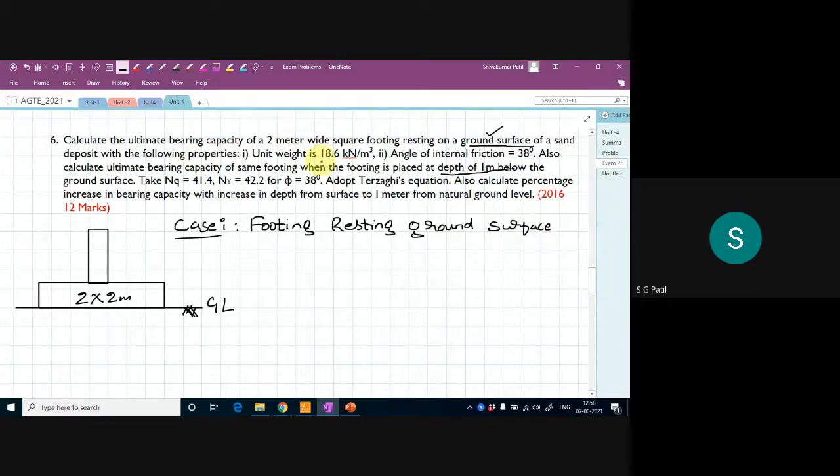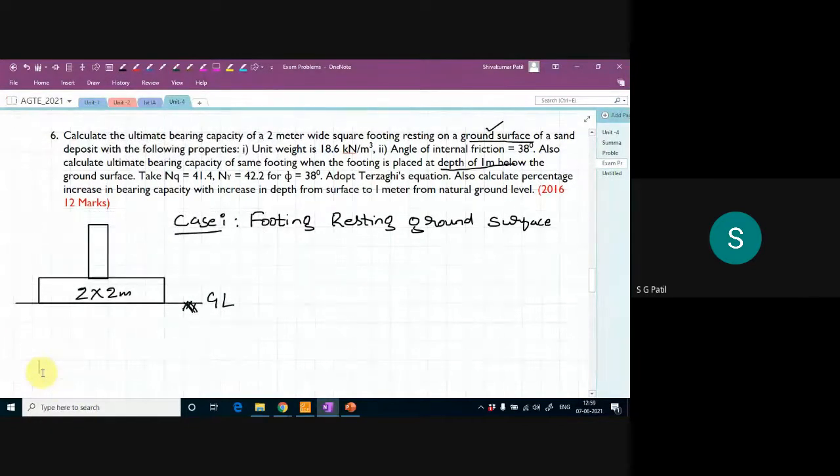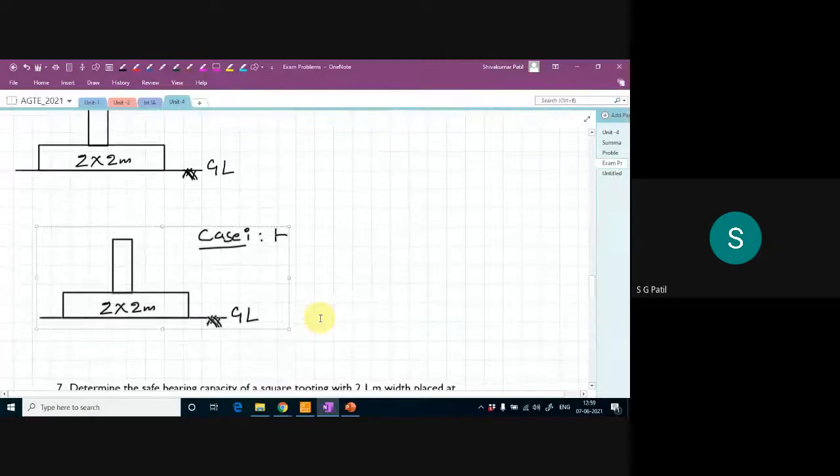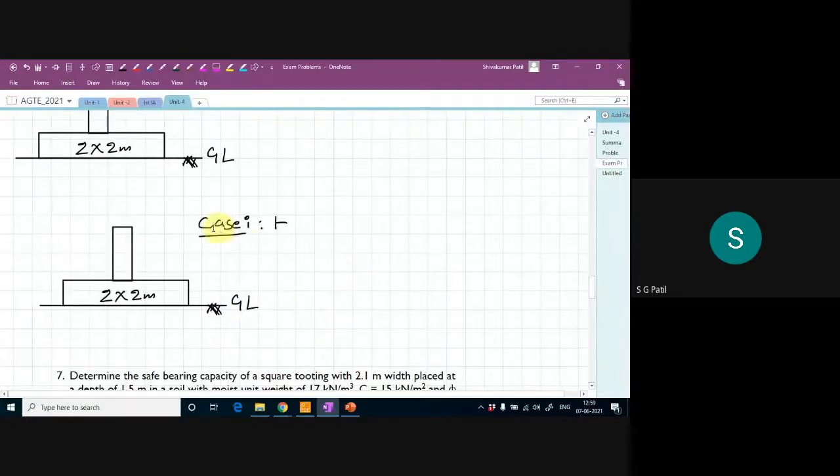And my case two will be the same figure I will draw here, but now your foundation is at 1 meter depth.